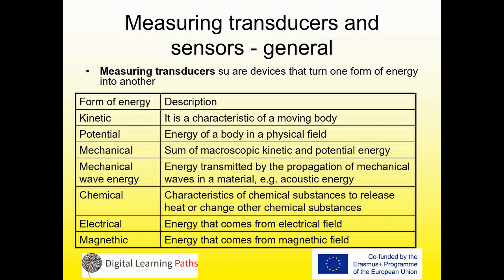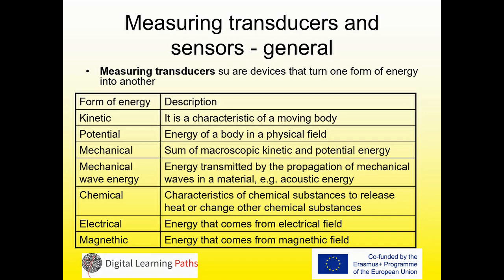Mechanical wave energy is energy transmitted by the propagation of mechanical waves in a material, for example, acoustic energy. Chemical energy represents the characteristic of chemical substances to release heat or change into other chemical substances.